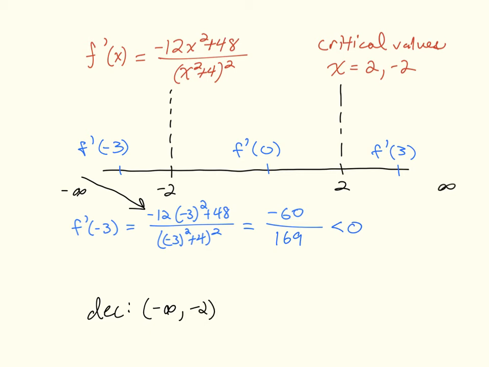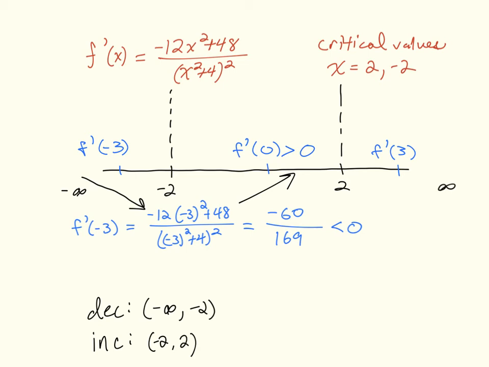When 0 is substituted into the derivative in a similar fashion to when we did negative 3, you should find that you get something back that is positive. That tells you that the original function is increasing on this interval. So down here at the bottom, I'm going to start an increasing interval from negative 2 to positive 2.